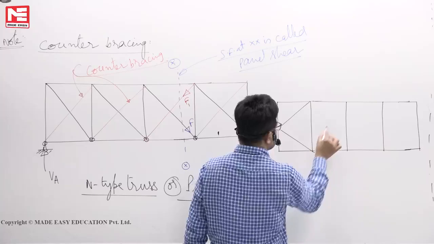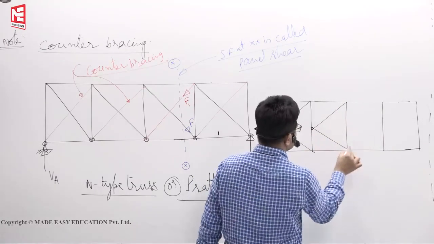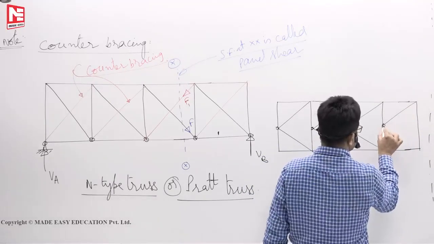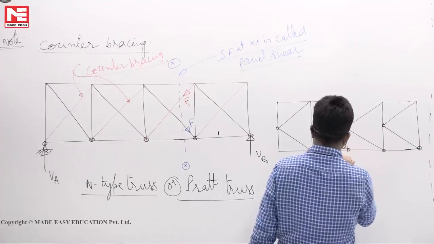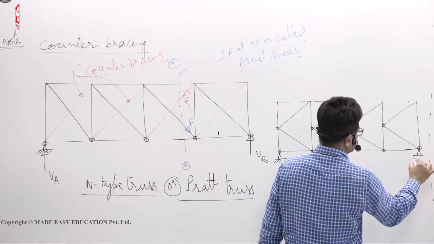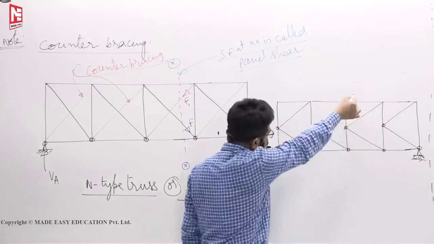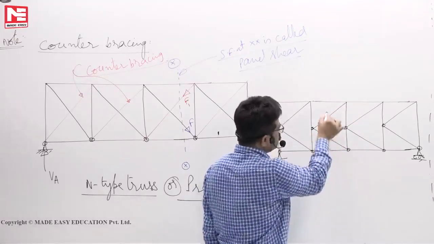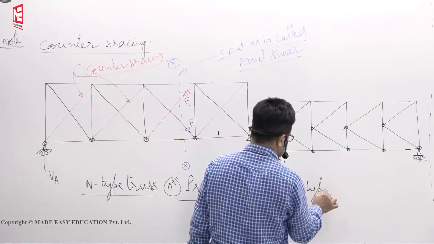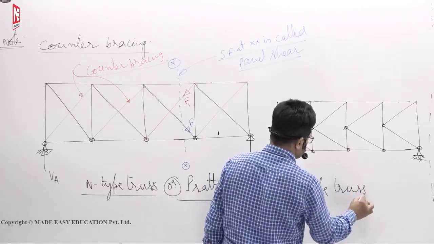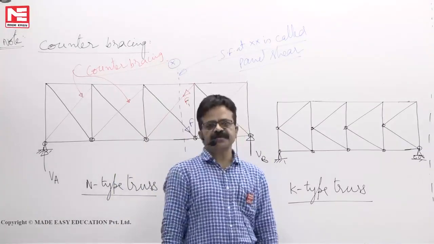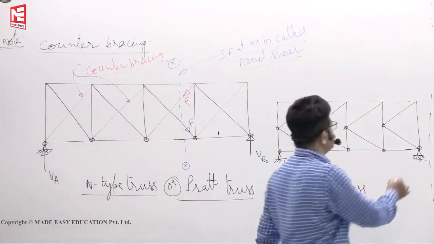If you attach them like this, now the diagonal will not run full length, it will run like this. So the diagonal length is less. Instead of providing a counter bracing, people started using K type trusses. So this is the conclusion.